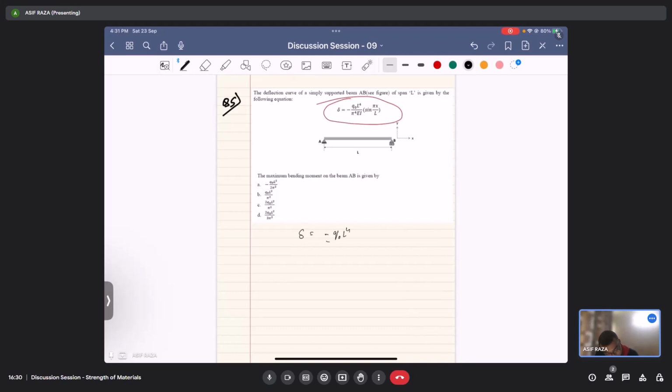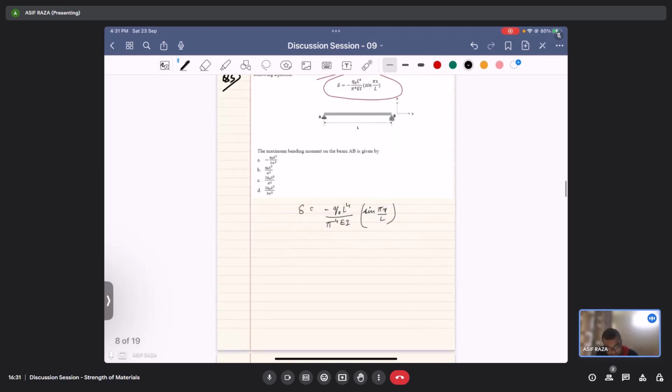The deflection equation, that is, q naught L to the 4 upon pi to the 4 EI, sin pi x by L. Now if you know this relation, that moment is equal to EI times d2y by dx square, where this delta I can write as y.